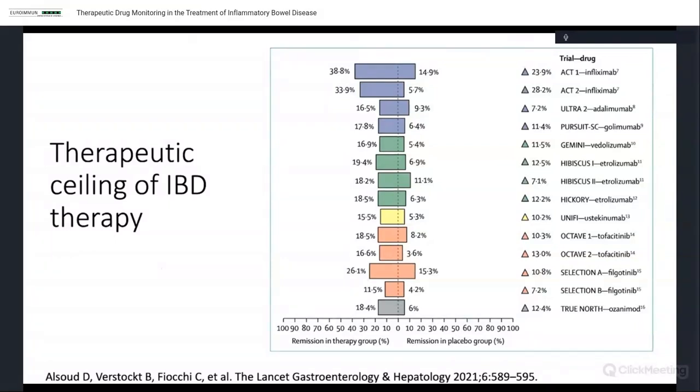And what you can see is that once we move past infliximab, an anti-TNF biologic drug, the first introduced, we've hit this ceiling where the deltas between the treatment group and the placebo group remission rates really haven't exceeded 10 to 12% for any drug. So there's a clear need to optimize the efficacy of our IBD biologic drugs.